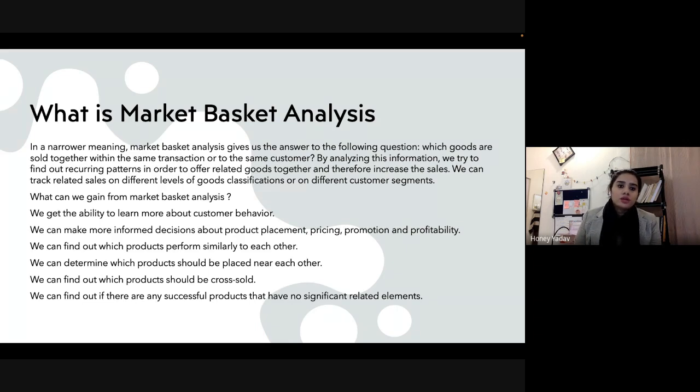So what we gain from market basket analysis is the ability to learn more about customer behavior. Why? Because if my transaction history shows that I am buying some of the items very frequently, those items may portray my behavior.